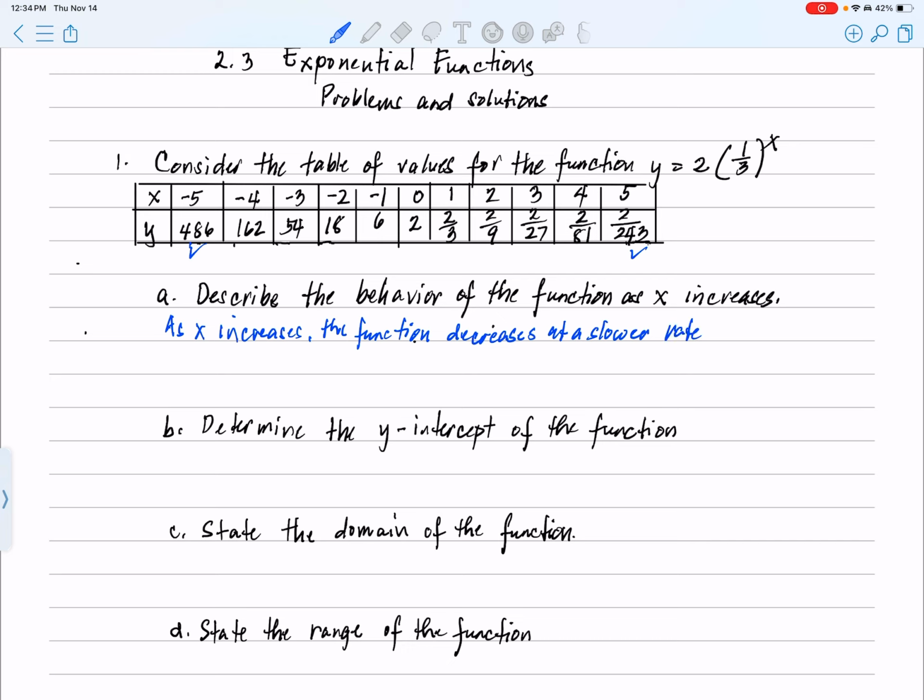We can see that the equation has a constant factor of 1/3 that is less than 1. So this is why the function is decreasing.